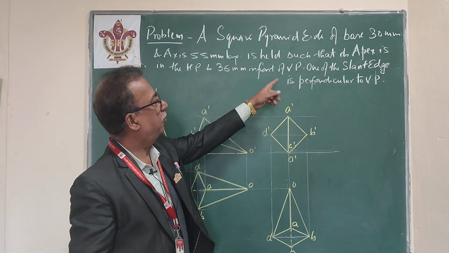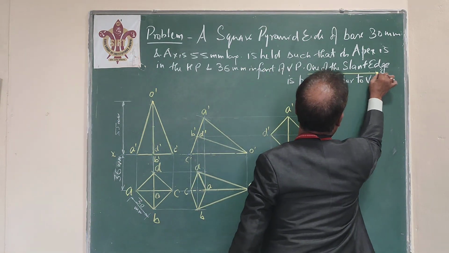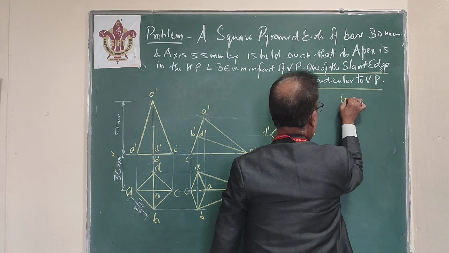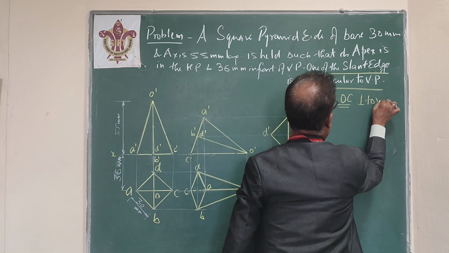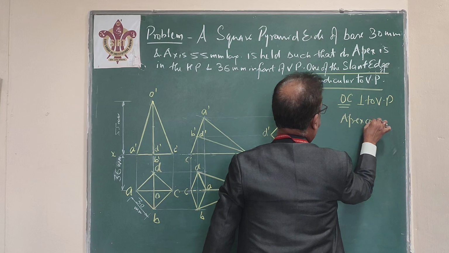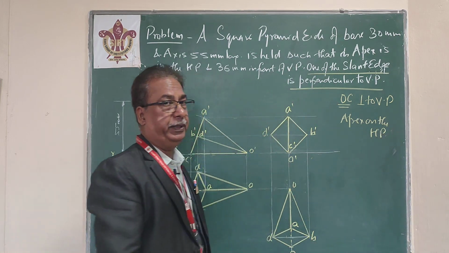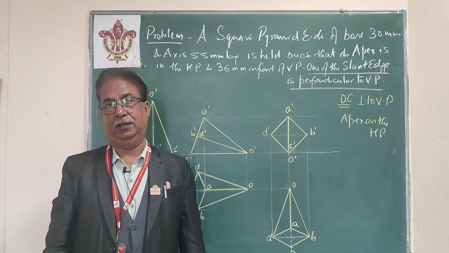Look at this problem. We are saying one of the slant edges is perpendicular to VP. So in this case, this slant edge OC will be perpendicular to VP as well as apex on the HP. So the important thing is the final solution, which is what is asked in the question.